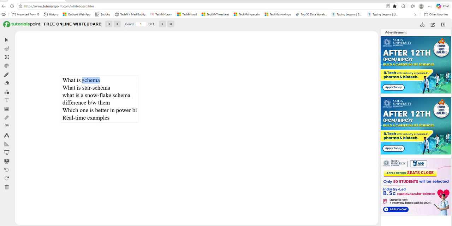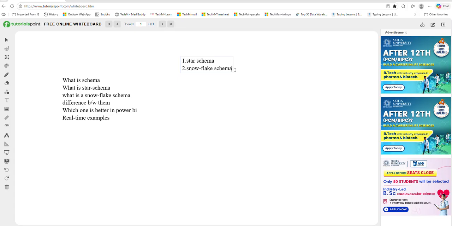The two most common schemas are, I will write here, the star schema, first one, and the second one is the snowflake schema. Okay, these two schemas I will explain today.